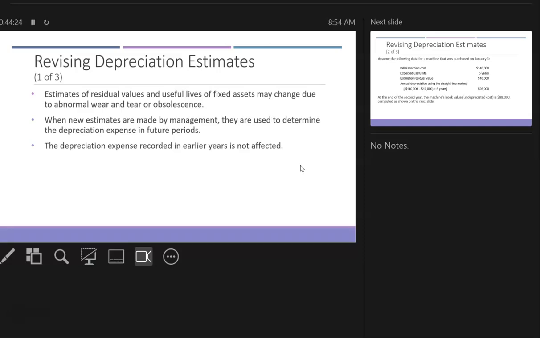When management decides, I think this asset, instead of 5 years, is only going to have a useful life of 3 years, we don't go backwards and change anything. We only go forward and move forward by changes. So the depreciation expense that was recorded in earlier years, we don't fix that. We just, from the moment management changes its decision, we go forward with our changes. Got it?